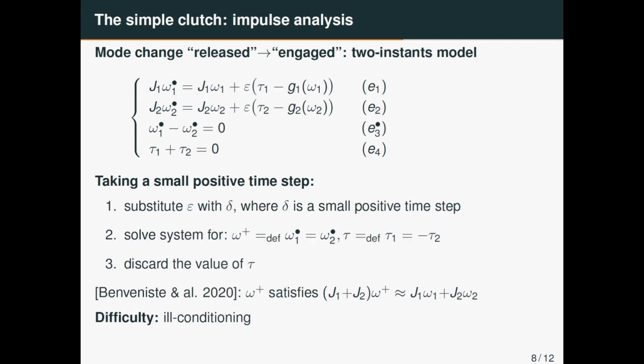A brute force alternative consists in taking epsilon equal delta, a positive non-infinitesimal small time step, and to solve the system for the next velocities and torques. We proved in previous work that this scheme is converging. This means that the so-computed values for non-impulsive variables converge to true values when delta tends to 0.